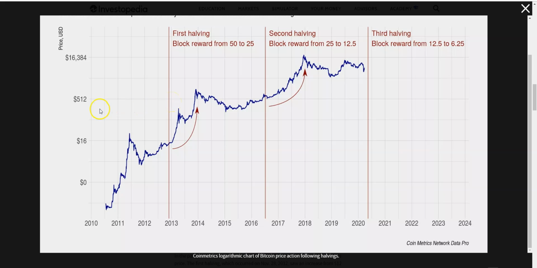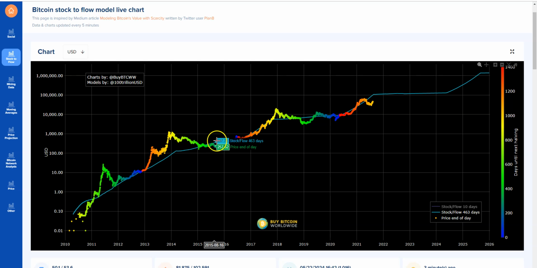Bitcoin always reaches an all-time high after each halving, and when this happens, an alt season happens. After that, the price always falls back in line with the stock to flow model. If I was to overlay this chart and this chart, you'll find that every time there's an all-time high, it always comes back in line with the stock to flow model.